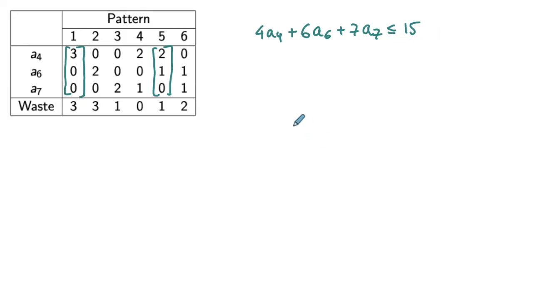So, as we said, our problem now reduces to determining the quantities of boards that we cut according to these different patterns, and we want to minimize this quantity, right?